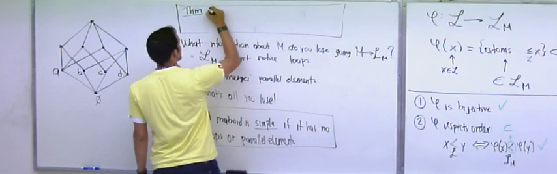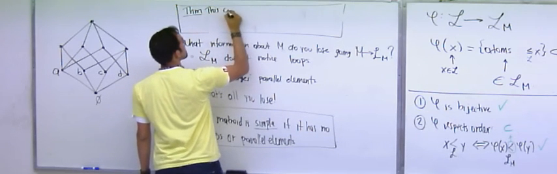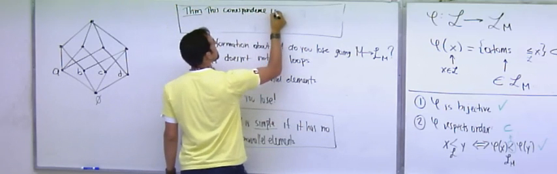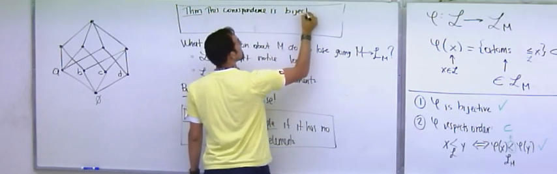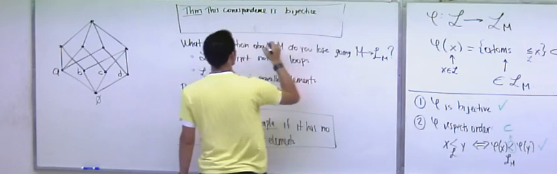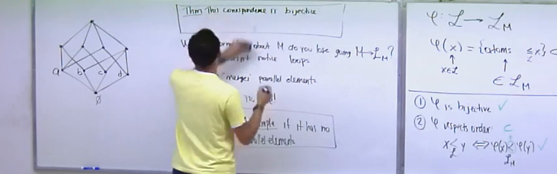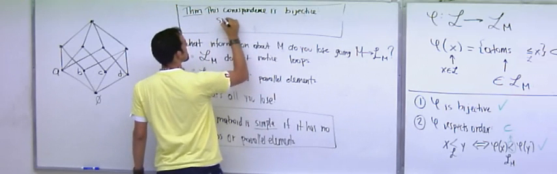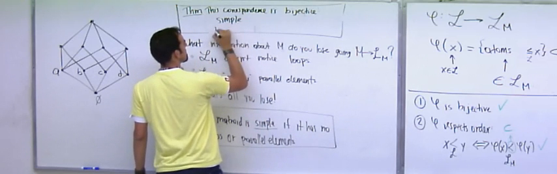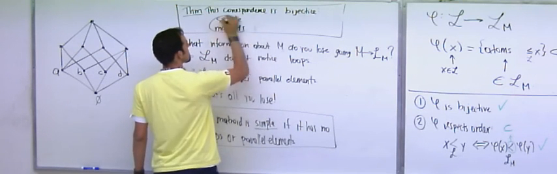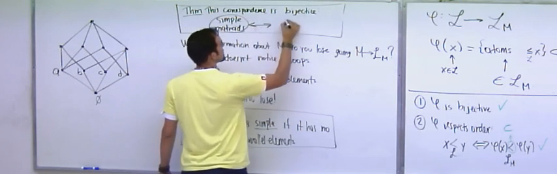So this correspondence is bijective, from simple matroids to geometric lattices.